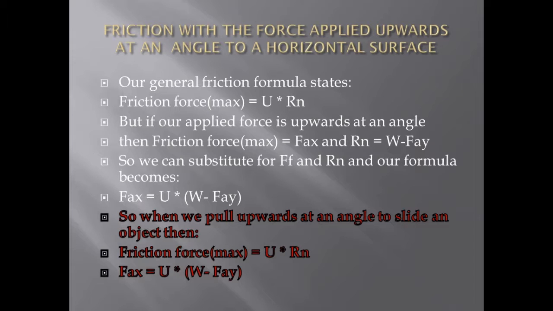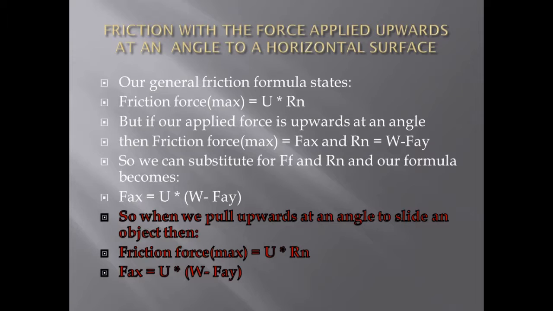So we can substitute for the friction force and the normal reaction force, and our formula becomes Fax, the horizontal component of the applied force, equals the coefficient of friction times the weight of the object minus the vertical component of the applied force.